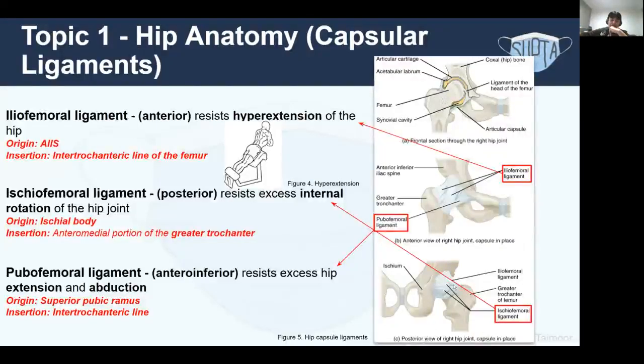It basically goes back to the anterior view and inserts onto the greater trochanter, which means that because of the direction of this ligament, it will resist internal rotation. So when you try to internally rotate, it will stretch and stop it to a point, the hip joint.